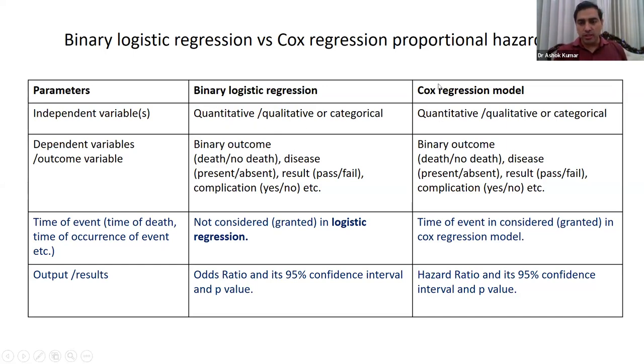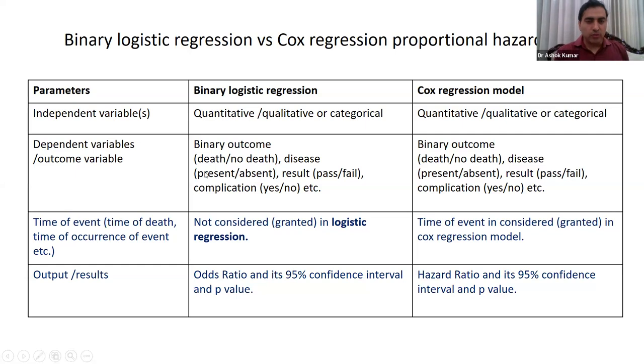And for Cox regression model, same thing. It may be quantitative, it may be categorical, or it may be qualitative. And in case of dependent variable or outcome variable, for binary logistic regression and for Cox regression model, same. You can see there is a same.